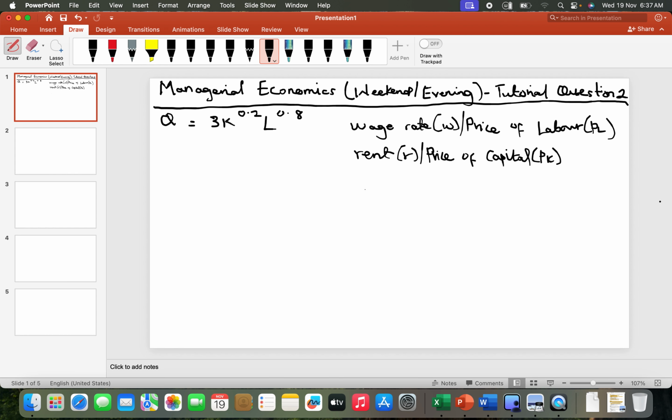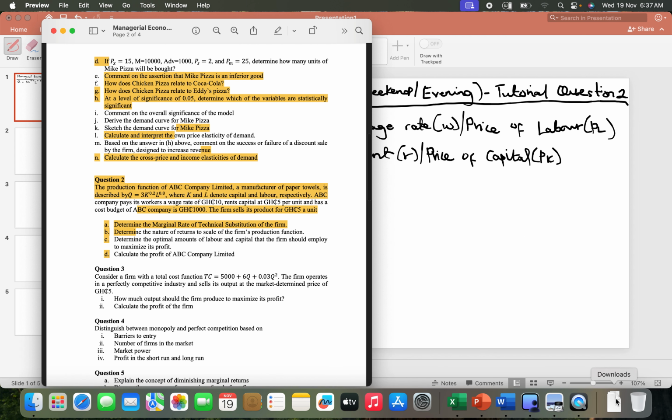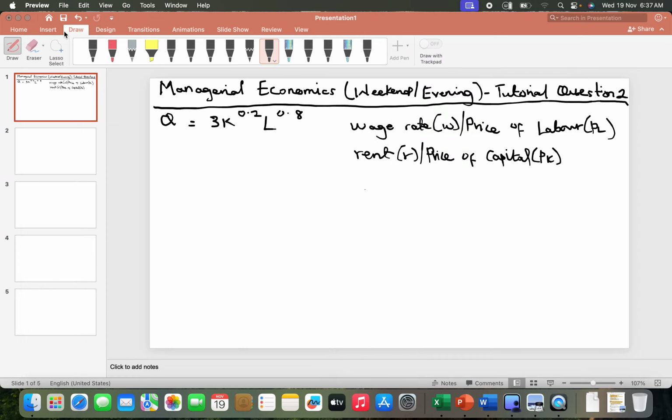So let's go back to the question. They gave wage rate to be 10, rent to be 5, price to be 5. So wage rate, W or PL, is 10 cedis.